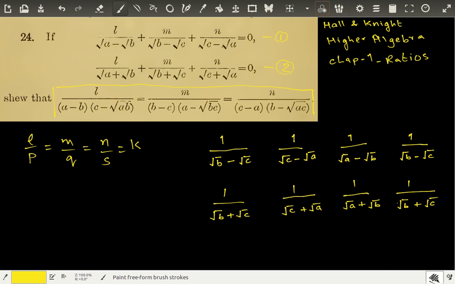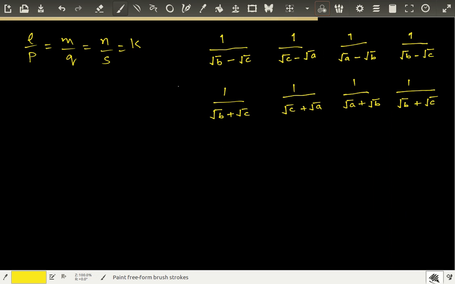So from here we can find what P is. P is equal to, we have to multiply this term and then subtract from this term.